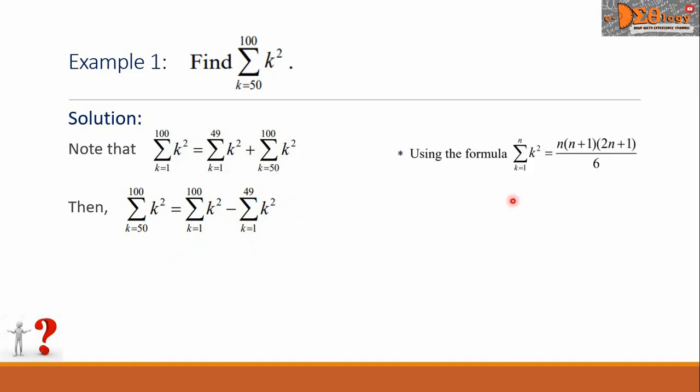We're going to use one of our formulas in our list a while ago, and that is summation of k square, where k equals 1 up to n, and this is the value.